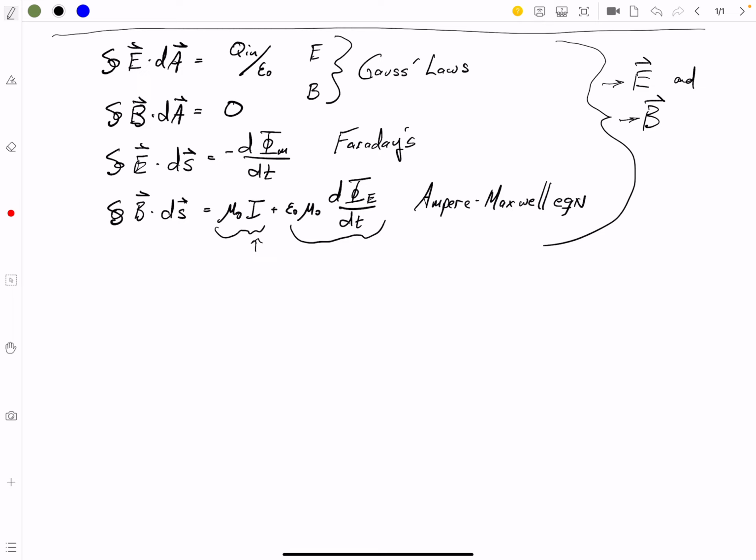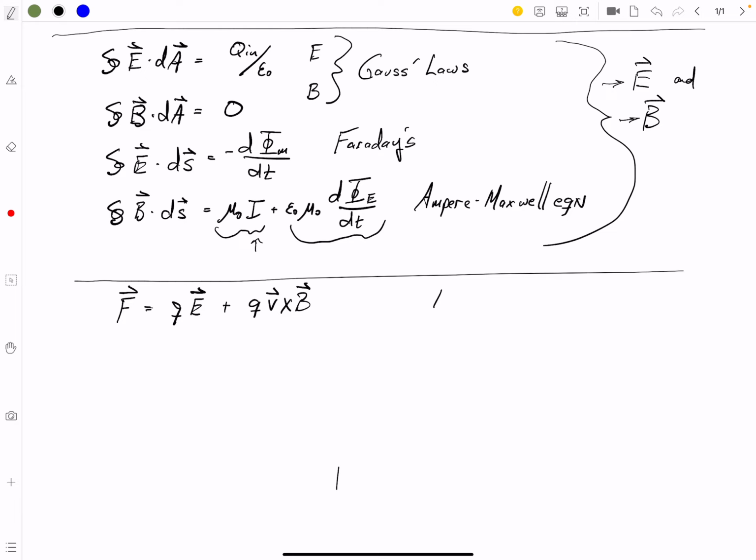So you get your E's and your B's, and what do you do with them? Well, you use Lorentz's force law. We are combining the two forces, because the Lorentz force law is the force for an E field and the force for the B field.